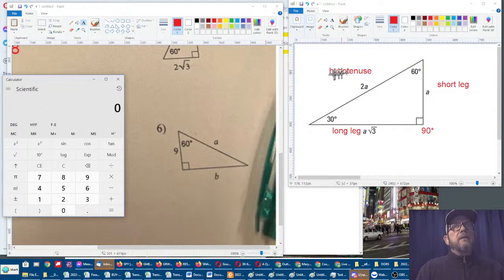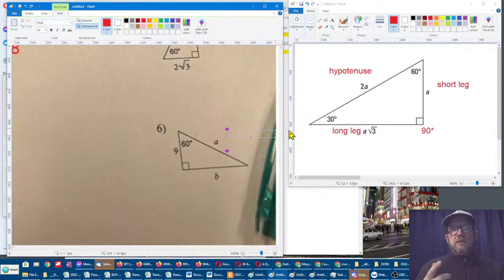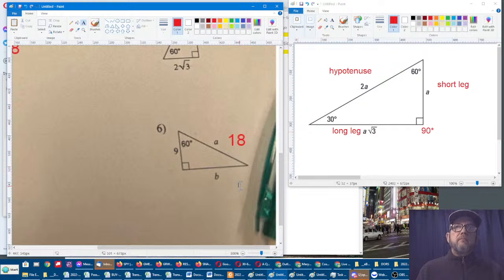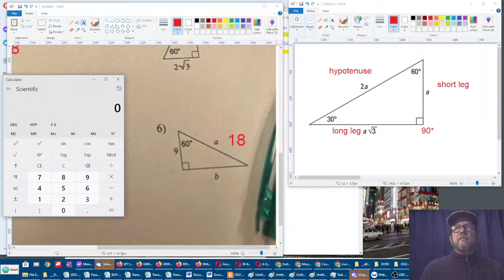So let's look at the hypotenuse, which is double, 2 times A. 9 times 2 is 18. So let's put 18. And then your long leg is A times square root of 3, which in your case is 9 for the short leg times square root of 3.